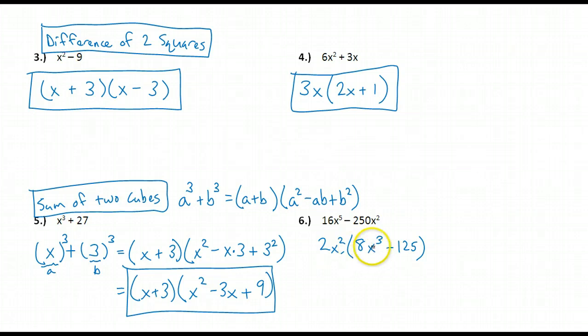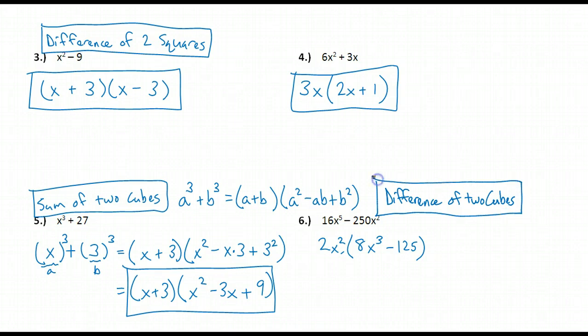To factor 8x cubed minus 125, I'm going to have to use a formula very similar to the sum of two cubes, but this time I want to use the difference of two cubes. The difference of two cubes will look like this.